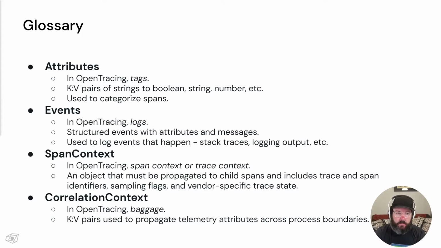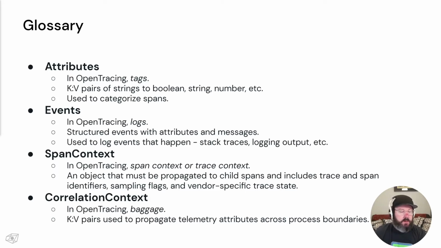Normally in an A to B RPC parent-child sort of call, the span context of a span is injected into the transport, so it's injected into the HTTP headers, and then on the receiving side, that span context is extracted, and then a new span is created as the child of that span context.